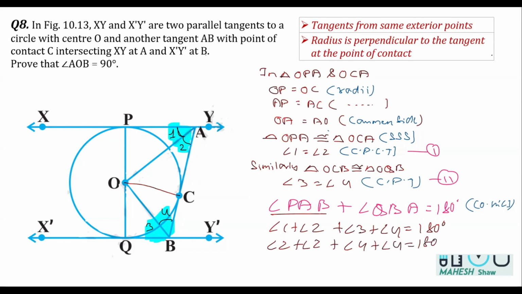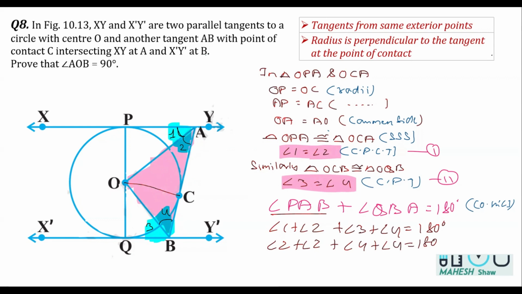And the reason, as I have already told you, is from here and here. And why did I do so? Because we are prioritizing angle 2 and angle 4, because here we are going to consider this triangle. And this is the reason I wrote 2 and 4.